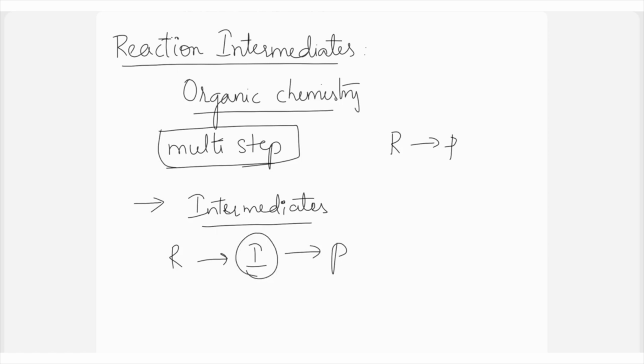Such substances are called intermediates. We have many intermediates in organic chemistry like carbocation, carbanion, carbon free radical, carbenes, benzyne, etc. We are going to deal with each and every intermediate clearly: how it is formed, what is its structure, how it is stabilized, everything.